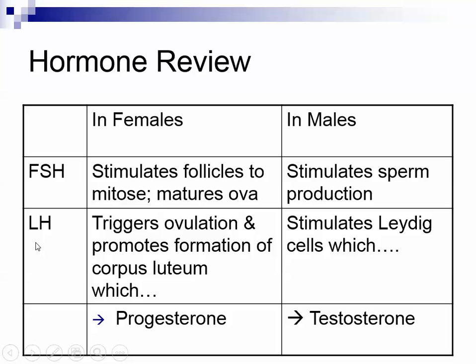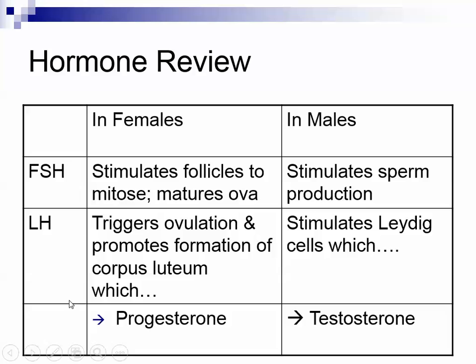Likewise, LH triggers ovulation in females, and this allows the corpus luteum to form, which hopefully you know secretes progesterone. Both progesterone and testosterone are steroid hormones, specifically anabolic steroid hormones. If you look at their chemical structures, they are very, very similar.